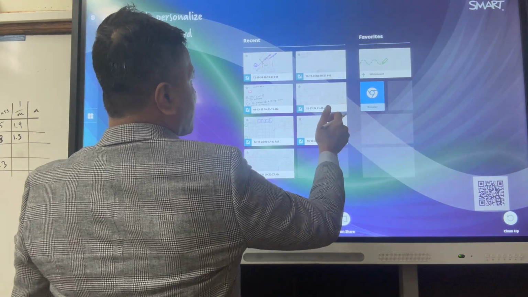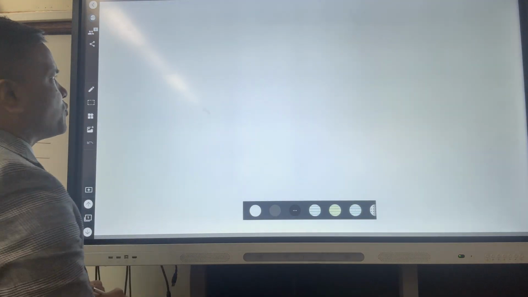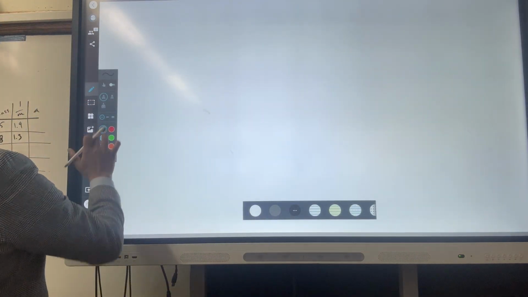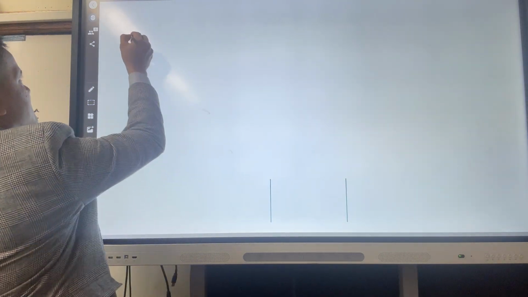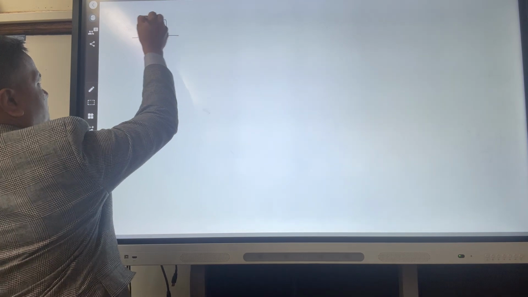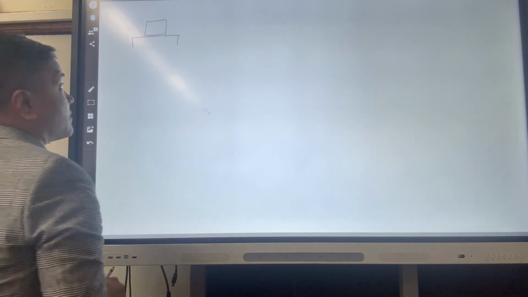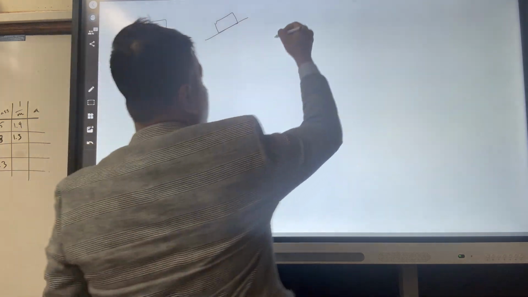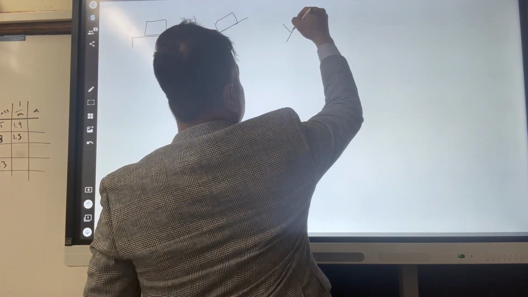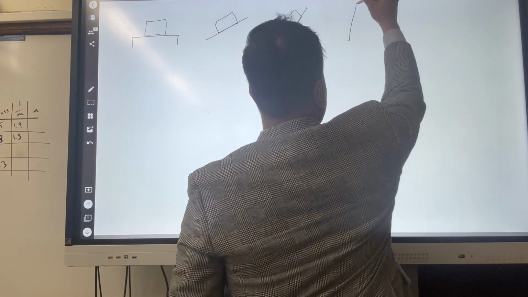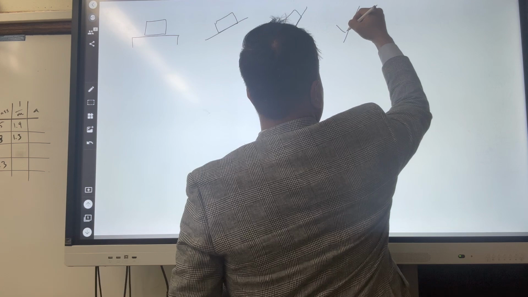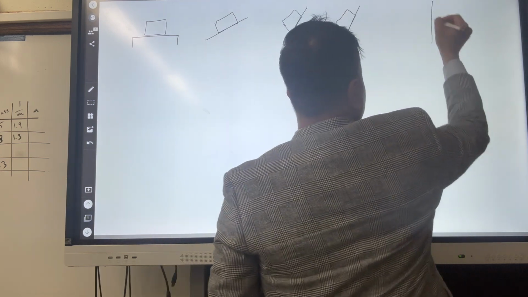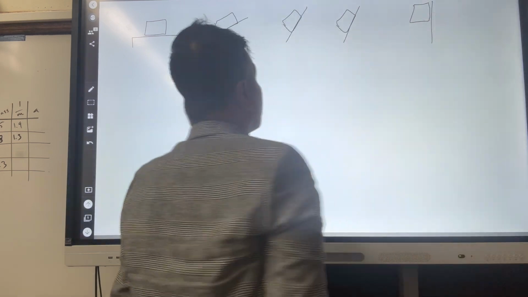Where are they? Okay, let's go to the new page and finish them. We have a few more minutes. Scenario 1, 0 degrees. A wooden box is sitting on a wooden table. 30 degrees, right? 60 degrees, 80 degrees, and 90 degrees.